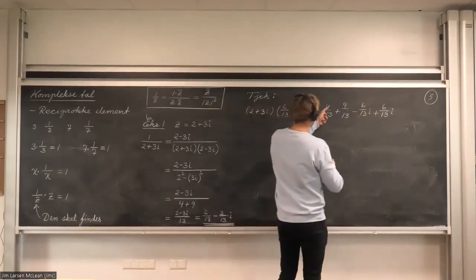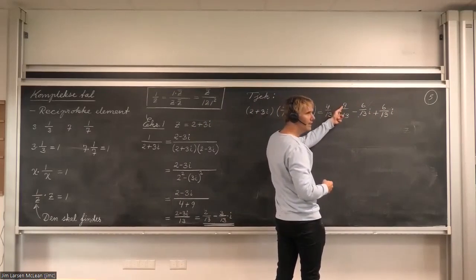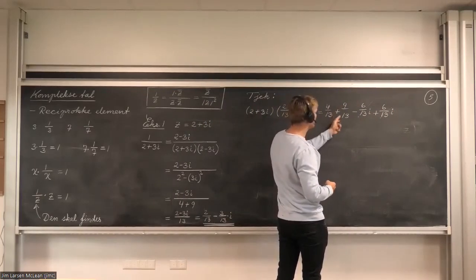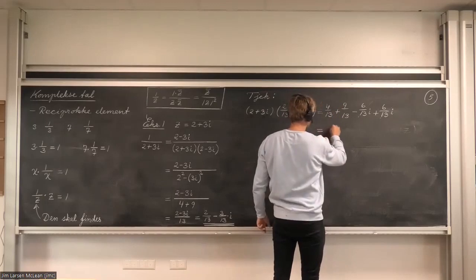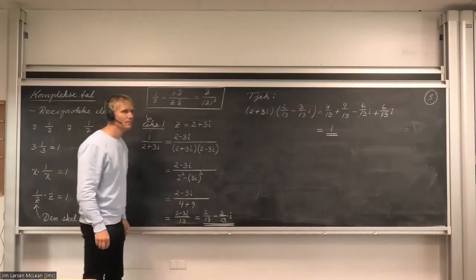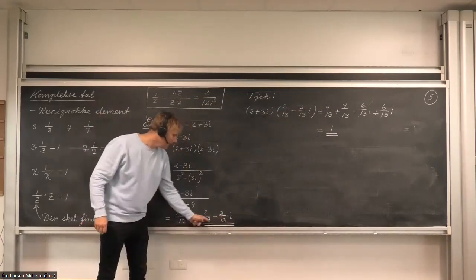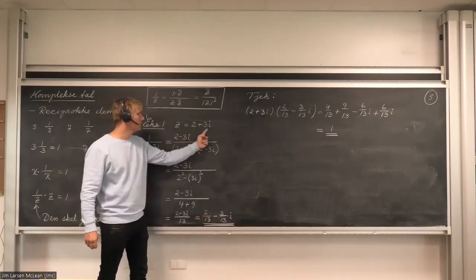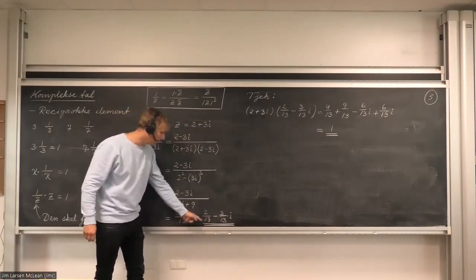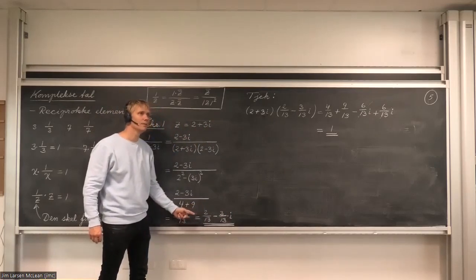So I'm left with 4/13 plus 9/13. I add the numerators together, that's why it's called the numerator. So I have 13/13, which is 1. So nicely it fits. This number has the property that if I multiply it by that number, I get 1. That's why this number is called the inverse or the reciprocal complex element.